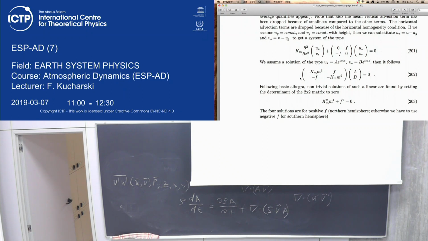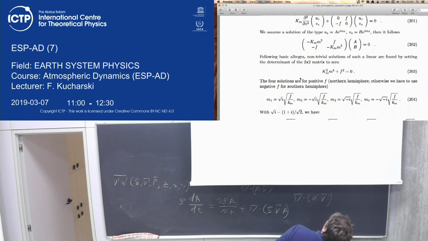If we assume that our two amplitudes should be different from 0, then the only way this has a solution is that the determinant of this matrix is equal to 0. So this times this minus this times this. We get to this equation here. Quite simple. The only problem is that m, the vertical wave number, is to the power of 4. So there are many roots here.